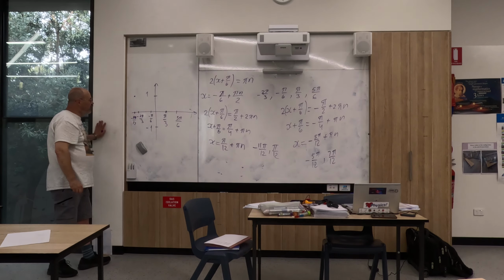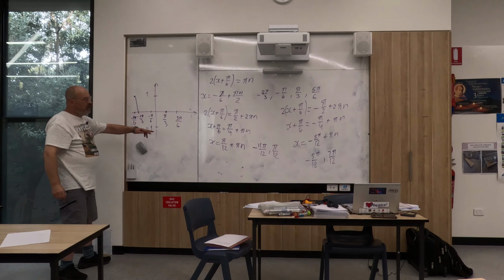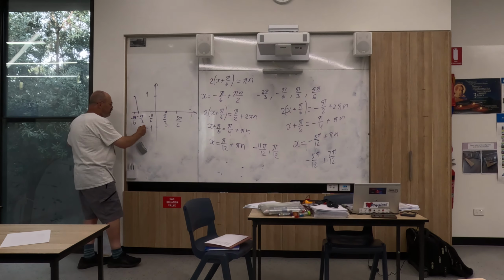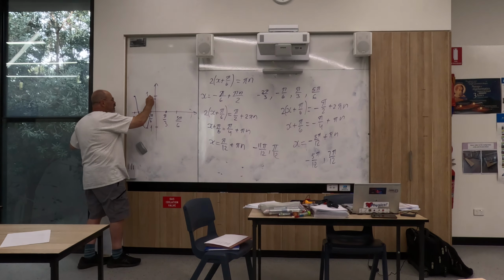Then we have this, we have 0. Now minus 1 we have at negative 5 pi on 12. Then the y-intercept we have found was root 3 on 2.